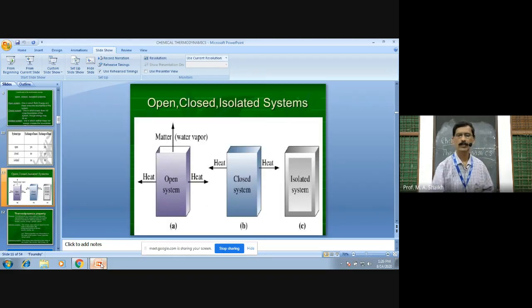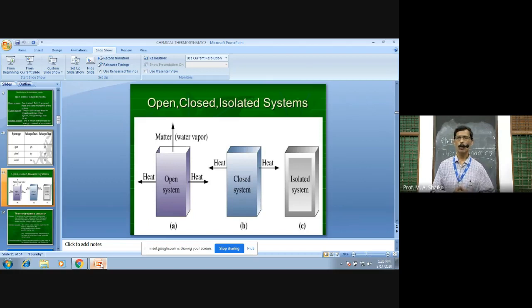Now we'll go to the next slide. Here one applied question is taken and explains the same thing. Suppose our system is hot water. Now our hot water system is taken in open mouth metallic vessel. Then what we will observe? System can exchange from hot water system. Water vapor can go from system to surroundings through the open mouth. It means there is exchange of water vapor, that is matter.